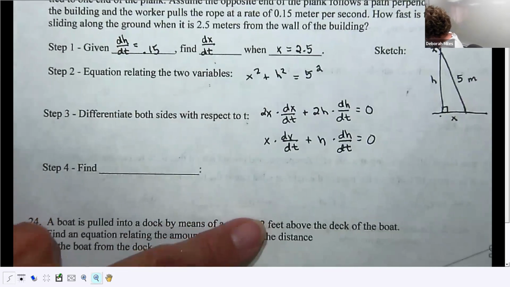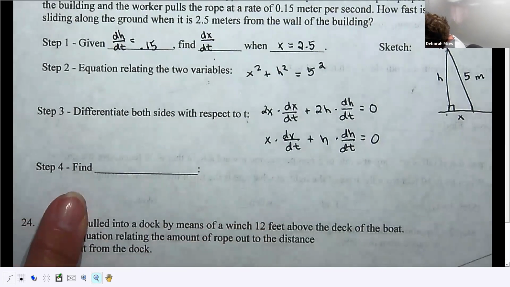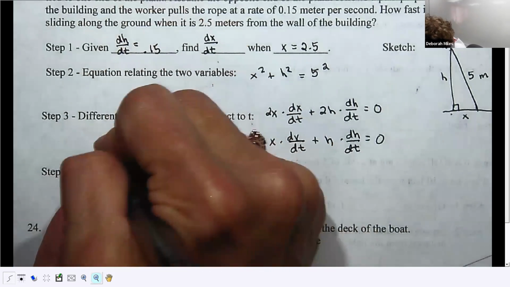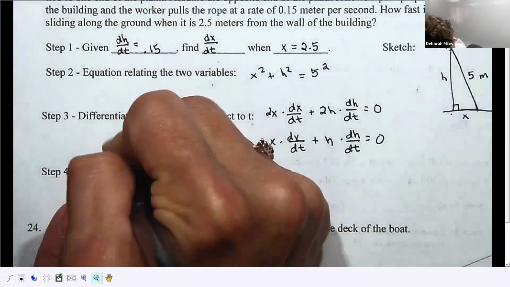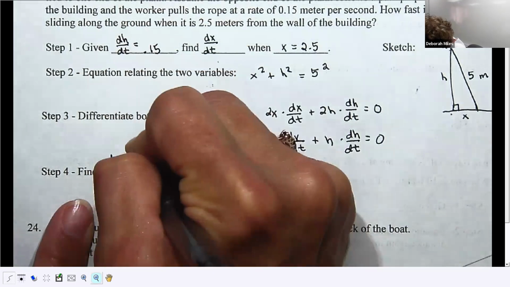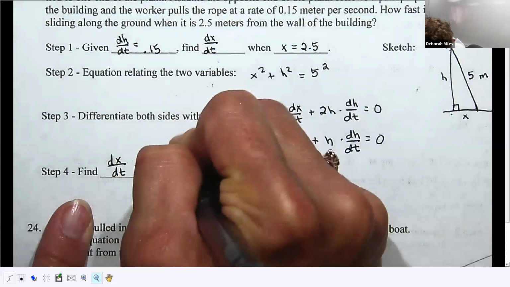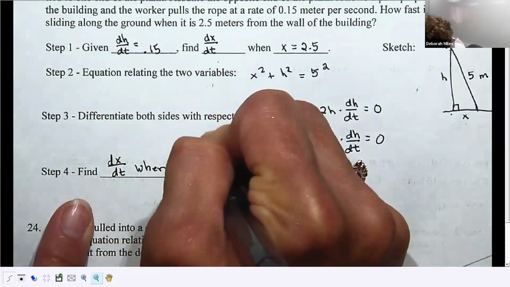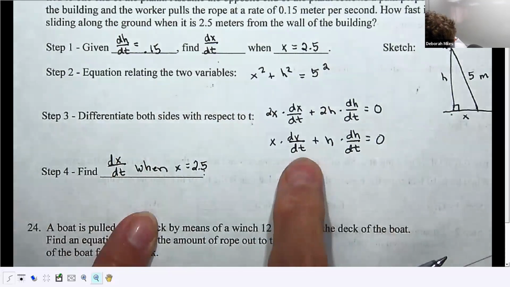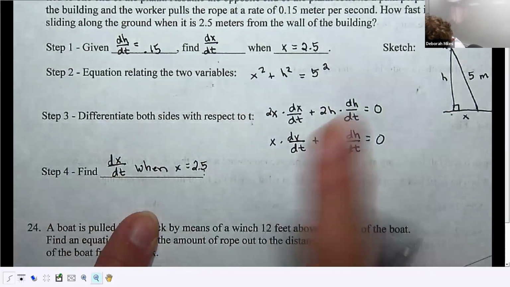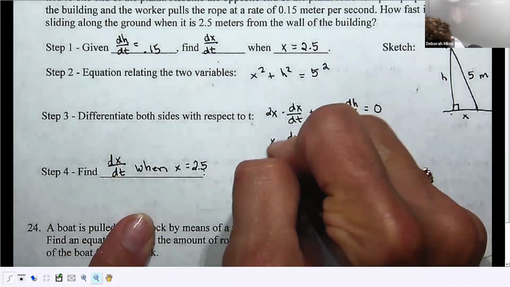What I'm trying to find is dx over dt when x is 2.5. So I'm going to put 2.5 in place of x.